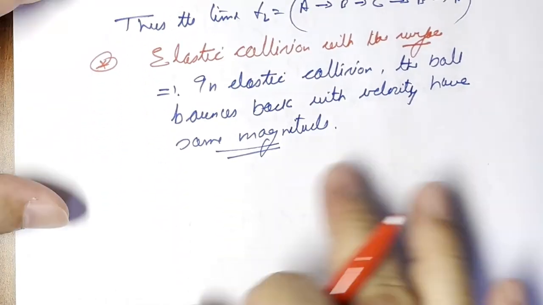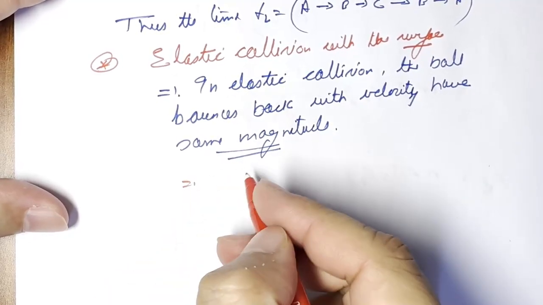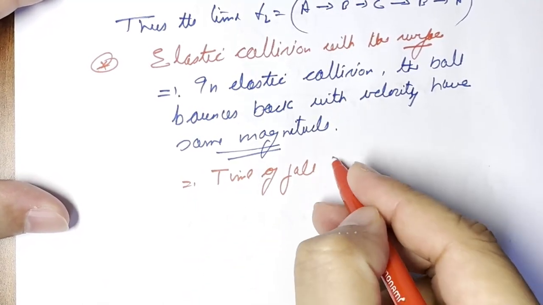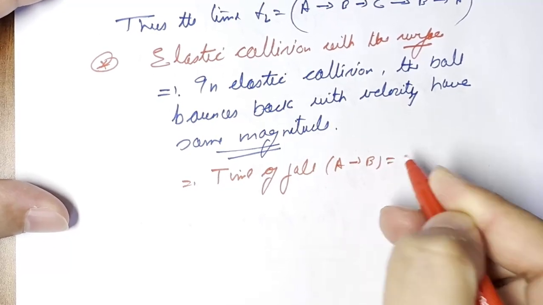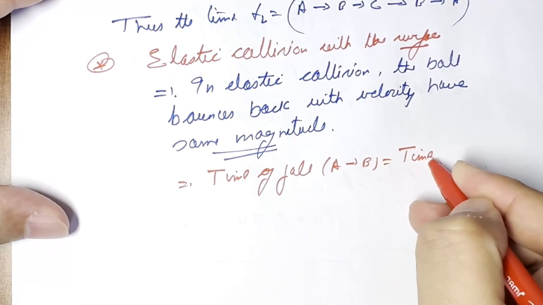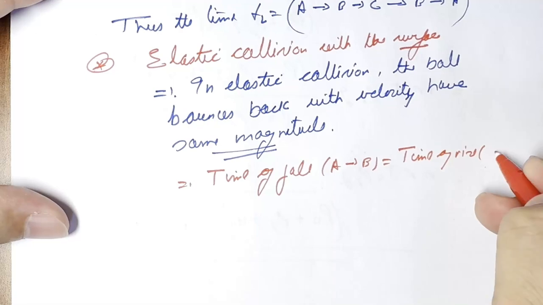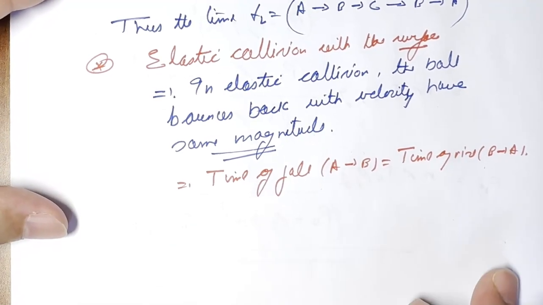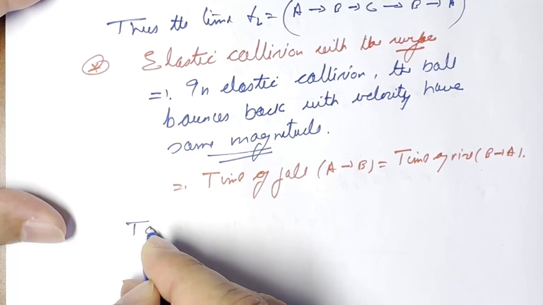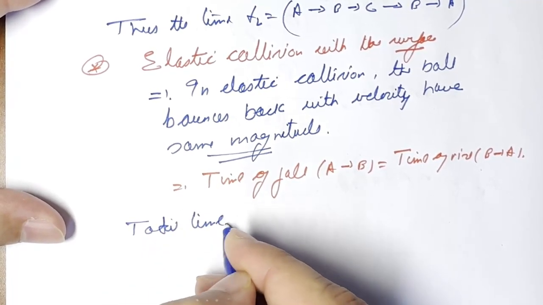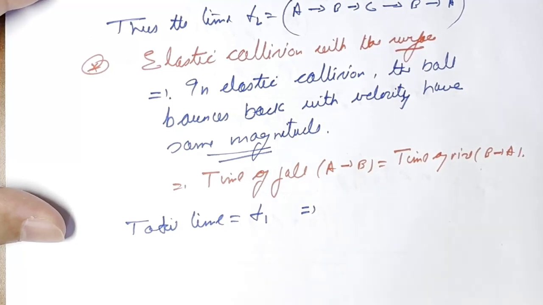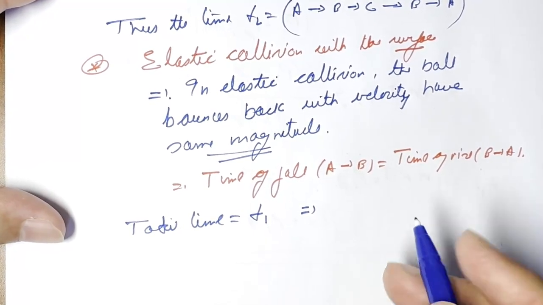So from this we can draw a conclusion that the time of fall, meaning from A to B, will be equal to the time of rise, meaning from B to A, and the total time is given as T1. Because the time of rise and time of fall are the same, let us call it the time of fall.